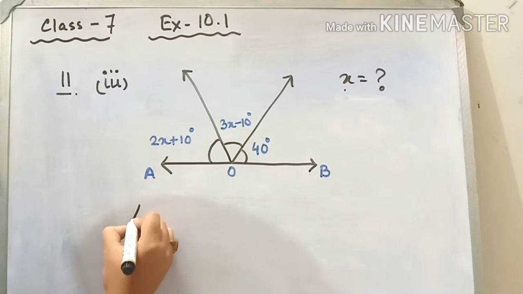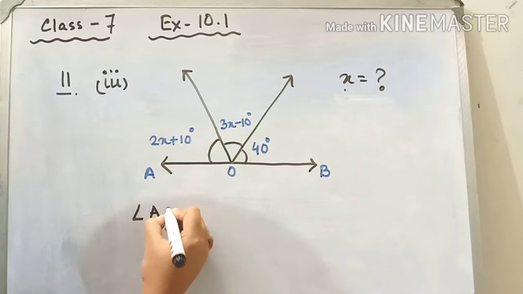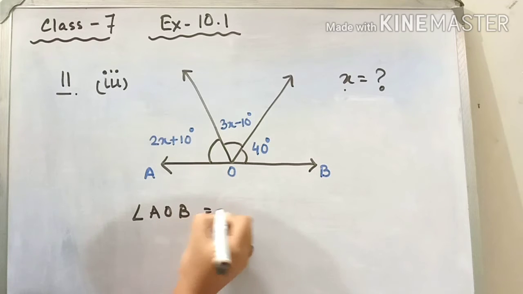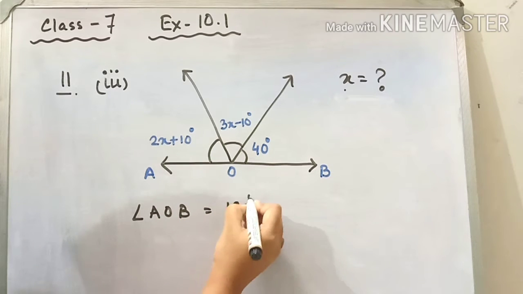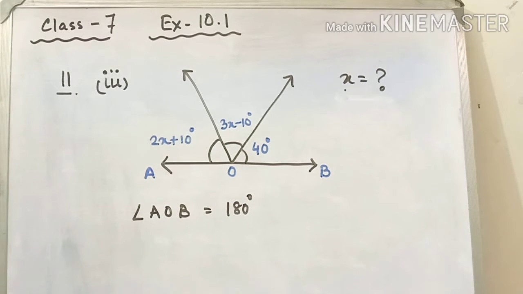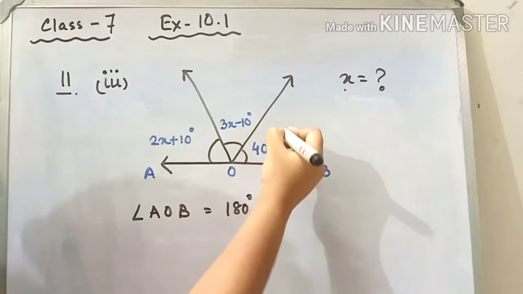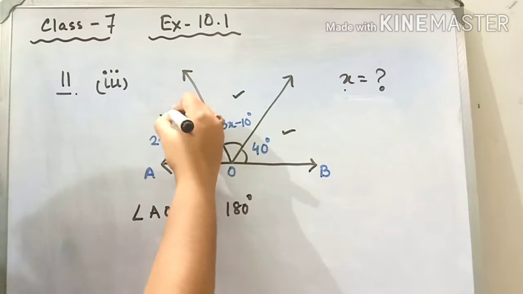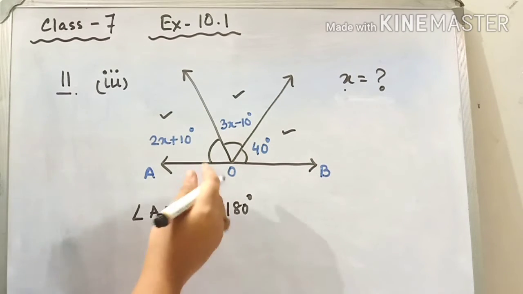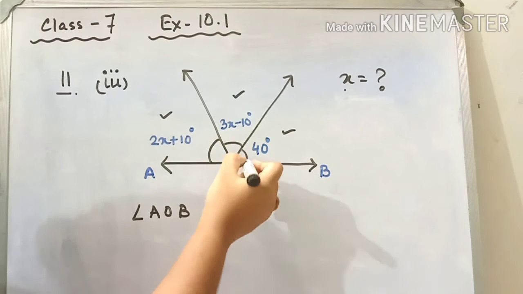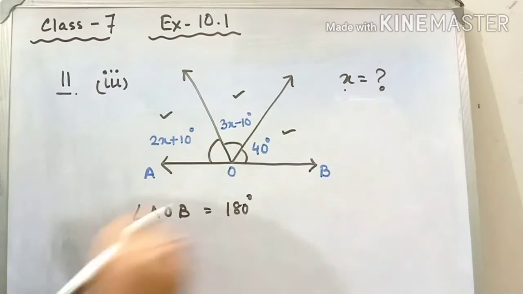Now we know that according to the question, angle AOB equals 180 degree, that we already understood. Now the summation of these three angles equals 180 degree, because this is coming under the straight line only.